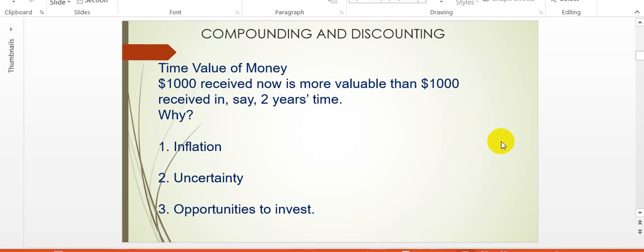If I received this 1,000 now, I could invest it so that it earns me some interest. Whereas if I have to wait for 2 years, then I would have lost out on the interest which I could have earned had I invested the 1,000 now. So that's a lost opportunity.